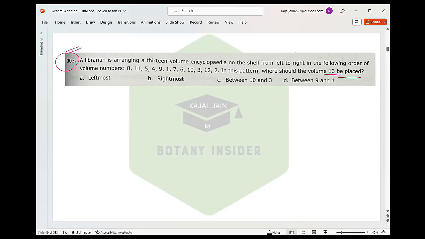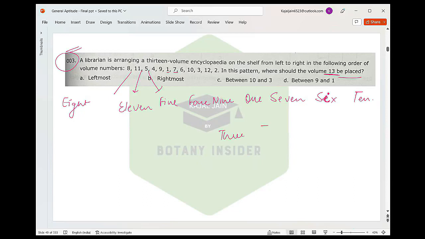Let's try to write it down. 8, 11, then you have 5, 4, 9, then you have 1, then 7, then 6, then 10, then 3, then 12, and then 2.